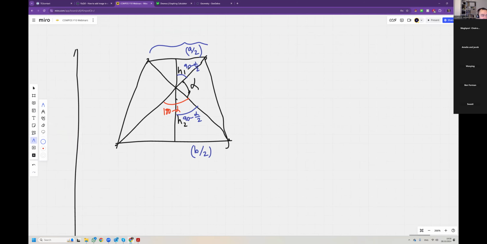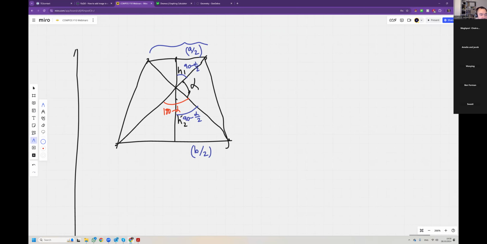So this is 90 minus alpha over 2. And this is A over 2, this is B over 2, of course, because that's half of that.